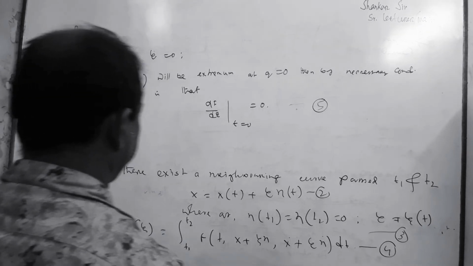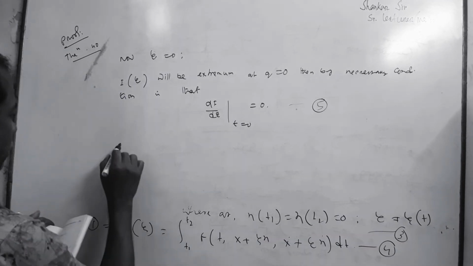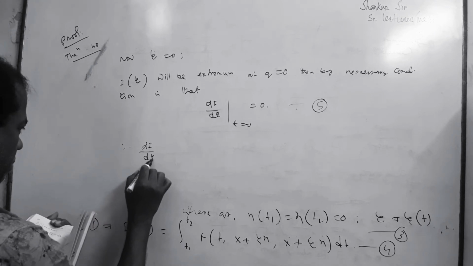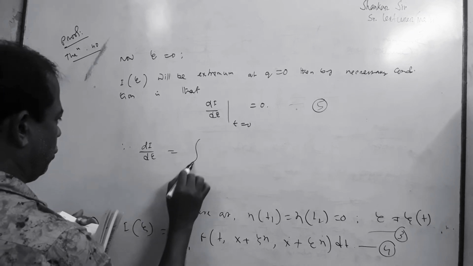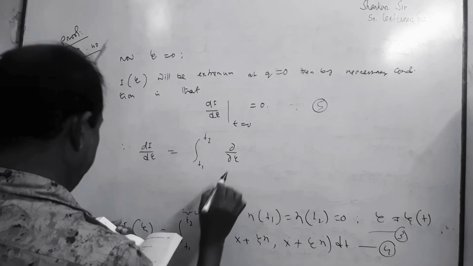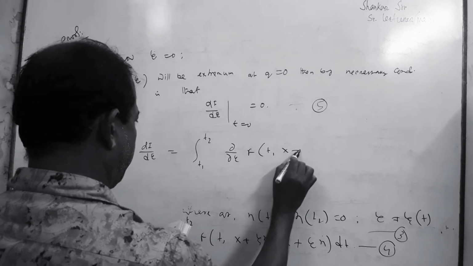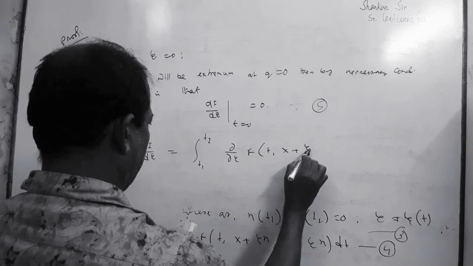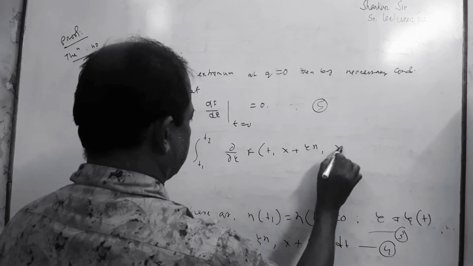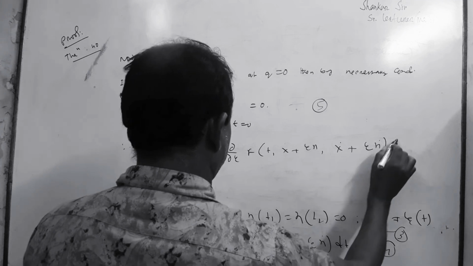Well, again dI by d epsilon equals the integral from t1 to t2 of del by del epsilon of f of t, x plus epsilon eta, x dot plus epsilon eta dot, dt. Clear?